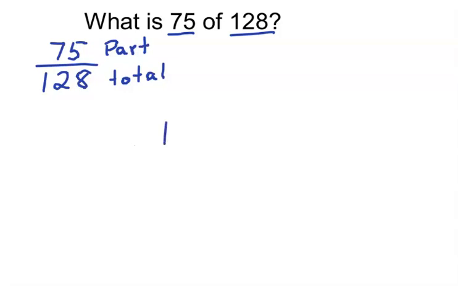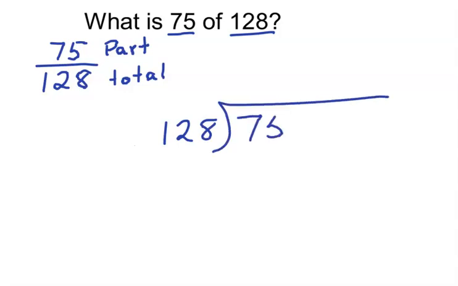So we're going to have 128. We're going to divide that into 75. Okay, I'm going to put a bunch of zeros here because that's what I always do. All right, so we can't divide 128 into 7. We can't divide it into 75, but it can go into 750, and I'm going to guess it's going to be about 5 times.